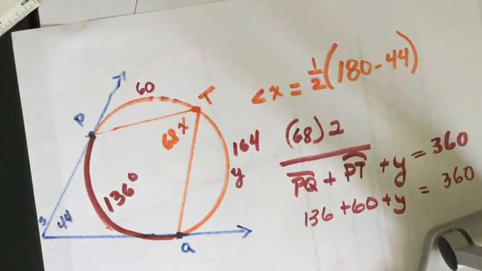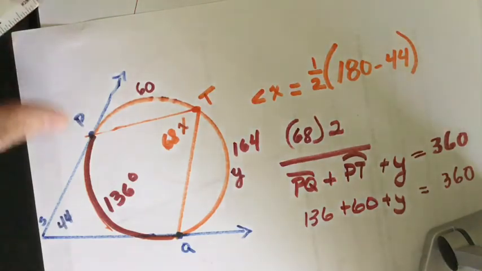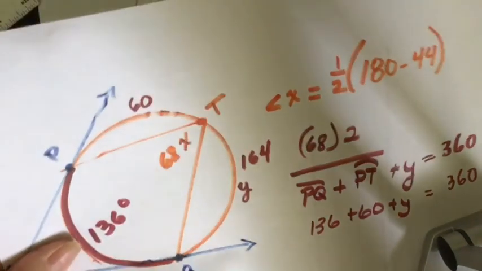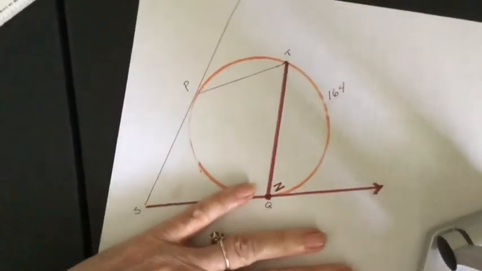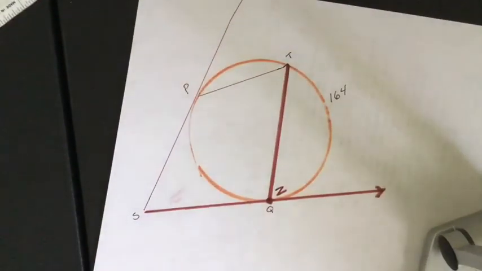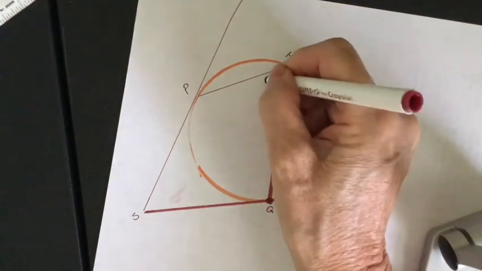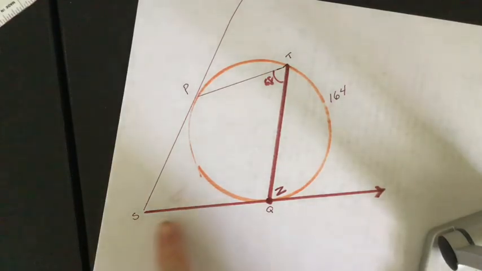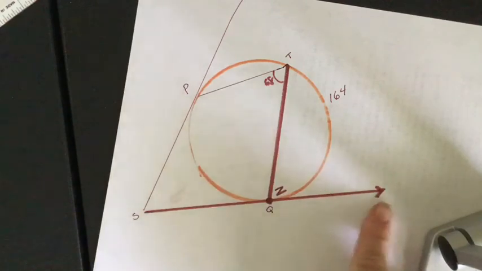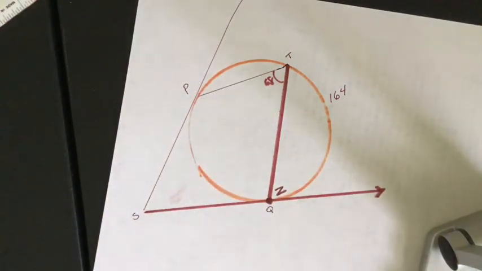Now I need to find z. Because this is getting kind of messy, I'm going to start over again. I just drew what I needed. I know that x is 68, because I found that. I knew that TZ is 164 because I just found that. And I know that this is a tangent line. It hasn't changed anything, it's still a tangent line.